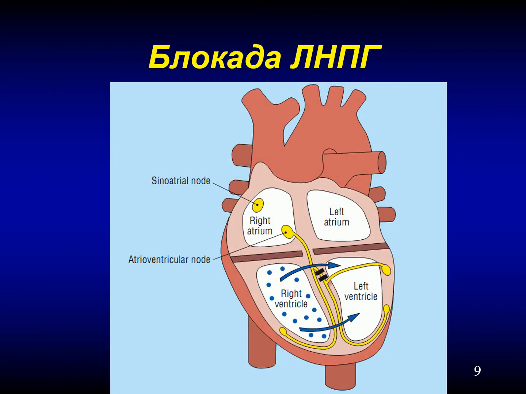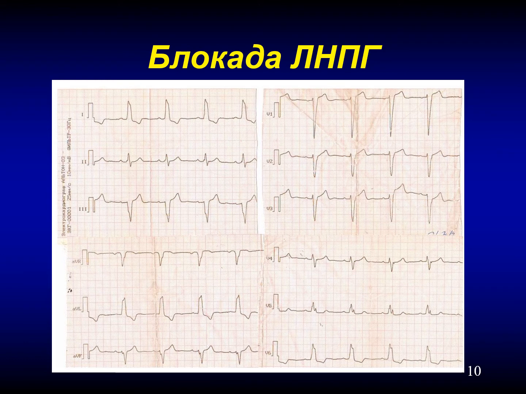Next variant, total left bundle branch blockage. The same situation. We have shifting to the side of the bundle branch that is blocked. Based on these leads, you can analyze and you will see the left shifting.